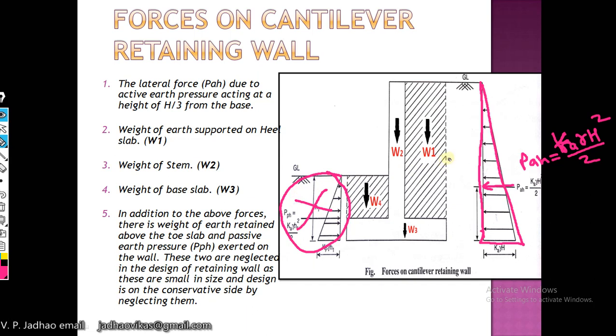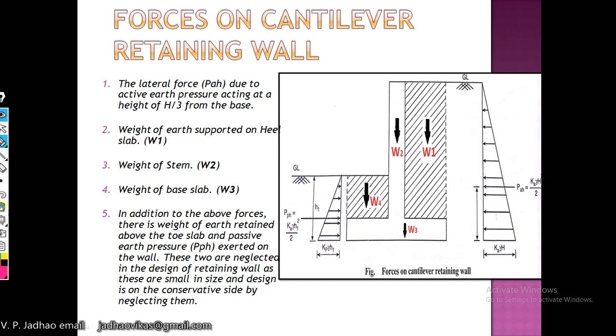So these are different forces acting on the retaining wall. This is the destabilizing force. This particular force of PAH, that is lateral earth pressure due to backfill material, is the destabilizing force, whereas all the remaining forces are stabilizing forces, or they will resist the force generated due to active earth pressure.